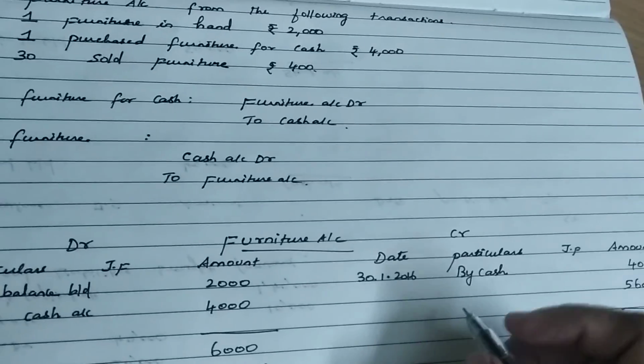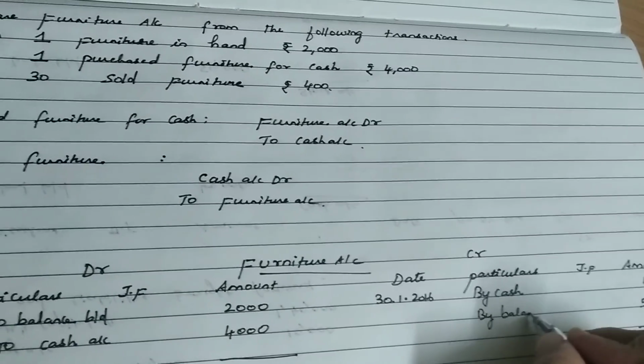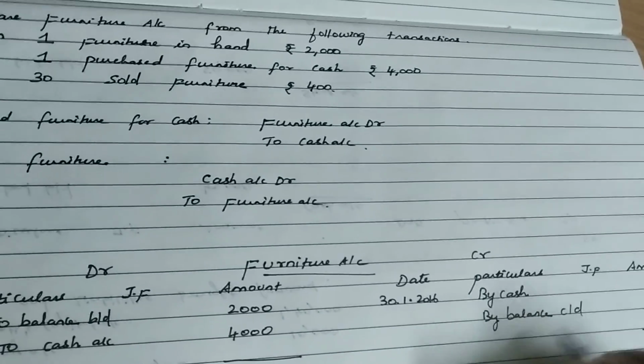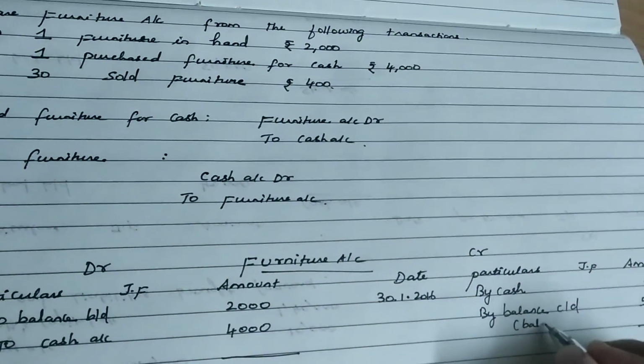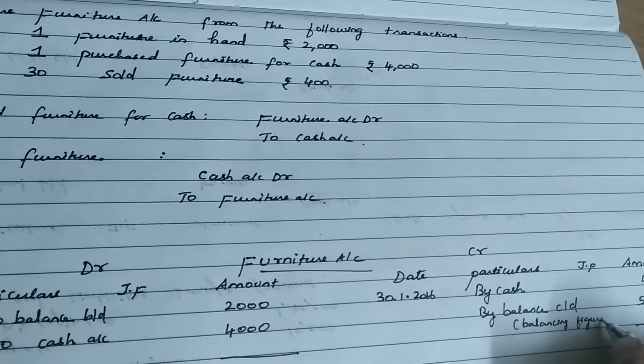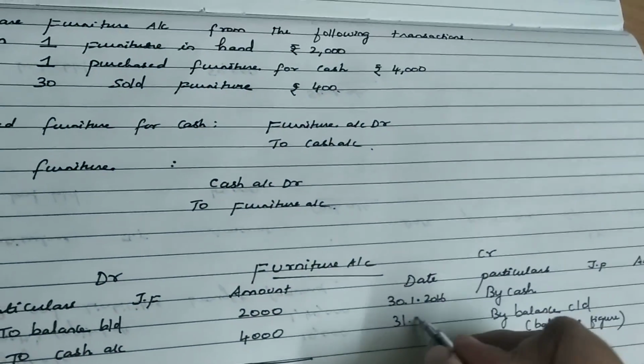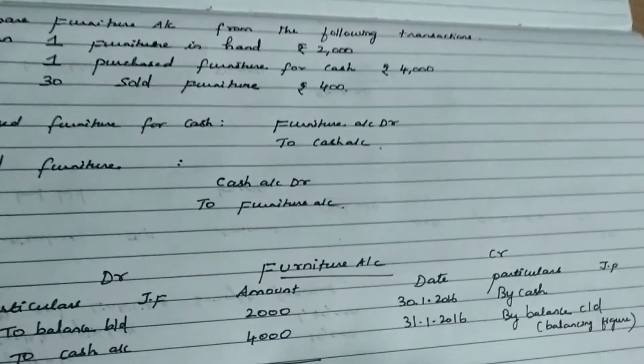That is our closing balance. By balance carry down. This is the balancing figure. Able to understand how we got this 5600?